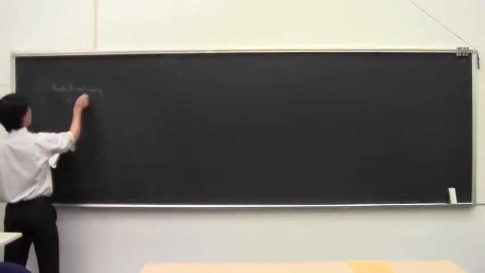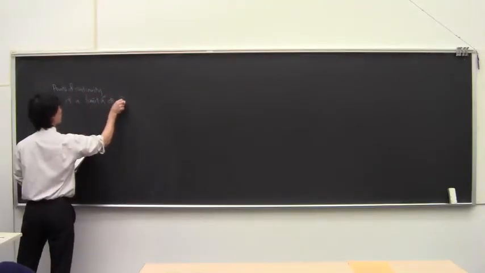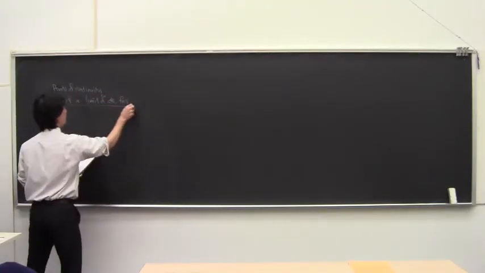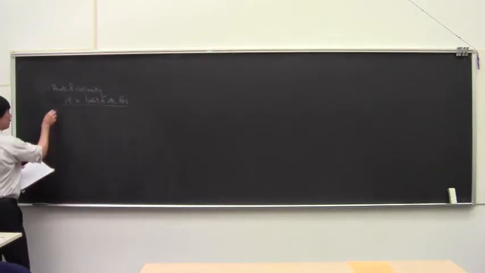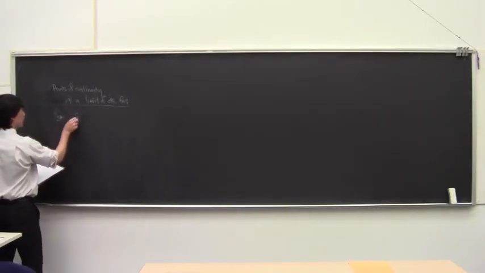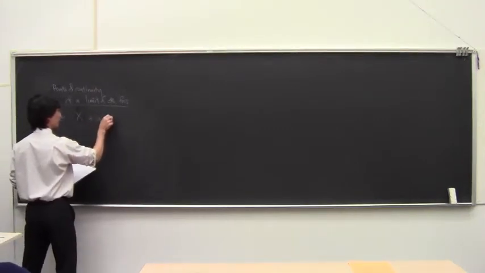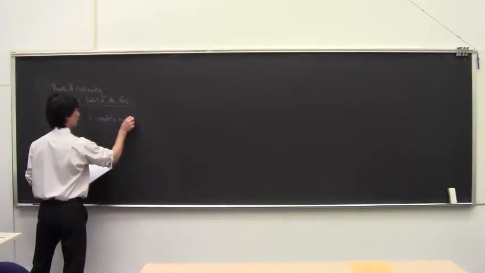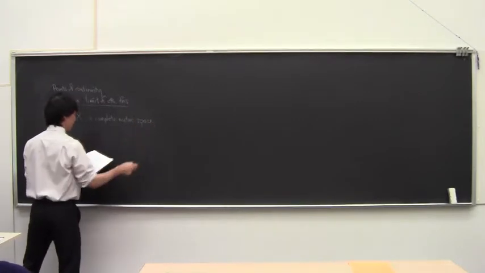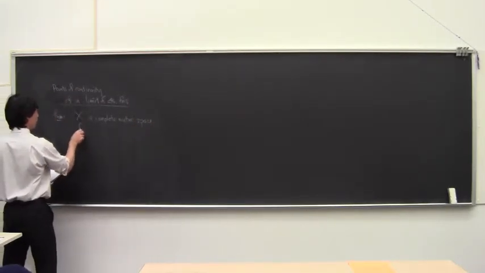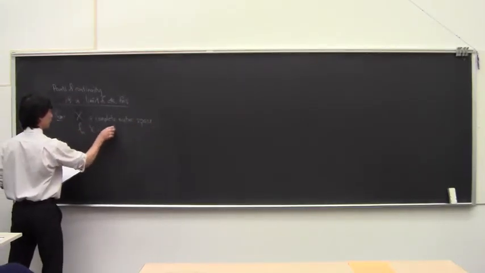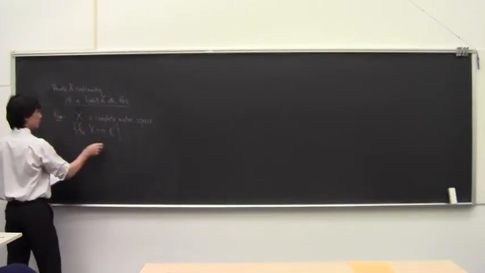Of a limit of continuous functions. So you have some complete metric space, and you have a sequence of continuous functions.